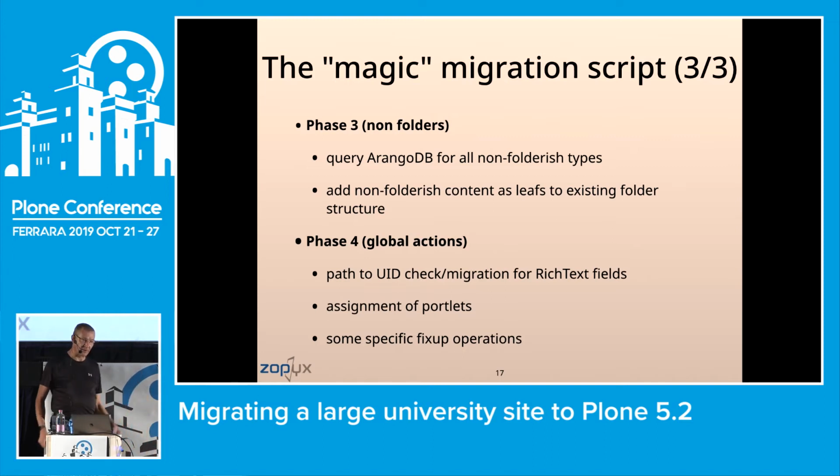That's why we have to collect all references internally, and then apply all references for related items or for portlets in this last phase. That's also the reason why we assign the portlets in the last phase, because when we have portlets like collection portlets, which are using a reference, or if a collection uses a reference on some other folder, we can ensure that all data is here and all references can be applied properly.